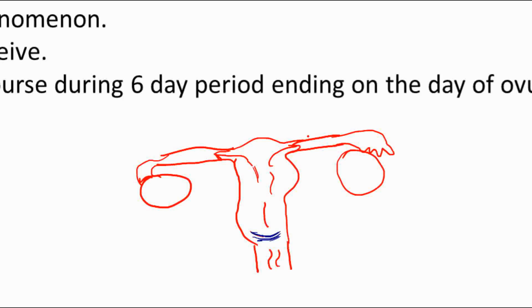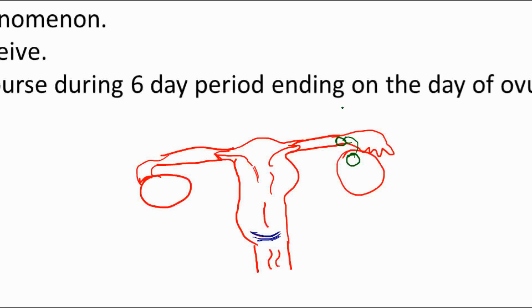Suppose in this particular month a mature ovum is formed in the right ovary and is present here. Only those sperm that move to the right oviduct can find this mature egg, fertilize it, and result in a pregnancy.